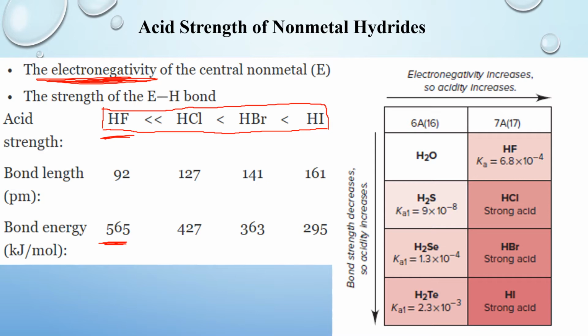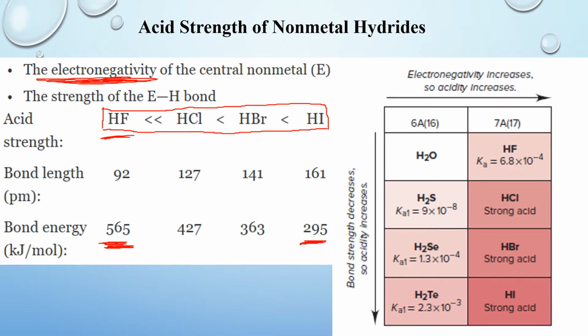In this example, fluorine has the highest electronegativity, so its bond energy is going to be the highest. So it's the weakest acid, with the weakest acid strength. But for iodine, because it has the lowest electronegativity, the bond is weaker, so it's easier for the molecule to donate that proton.